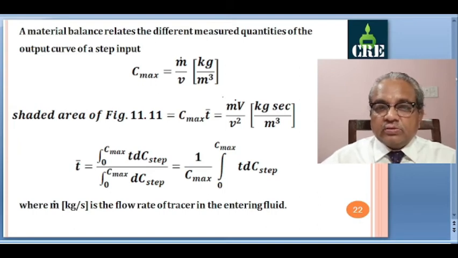C max is m dot by v, T bar is v by v, so m dot by v times v by v becomes v square, and the units will be kg second per meter cube.